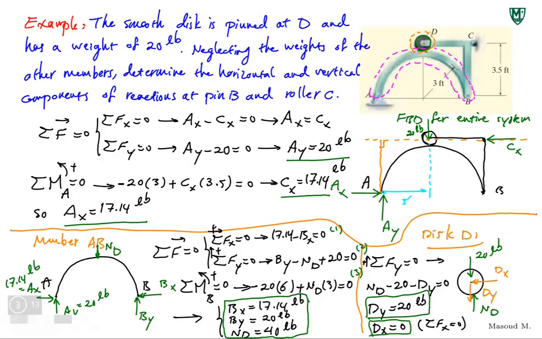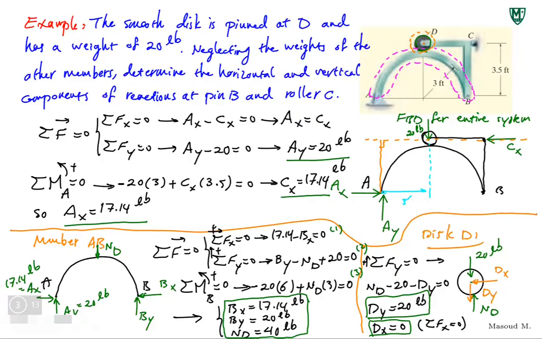Now we came to the part where there was a contact between disk D and member AB. I went to disk D. Well, that's the general procedure I should have followed. The weight is 20 pounds. And the contact, whatever it is, that force is the same, but the direction is flipped, right? If you're looking at disk D, we should have the same magnitude of ND, but in the opposite direction.